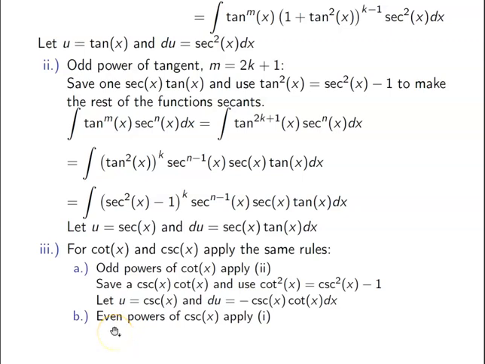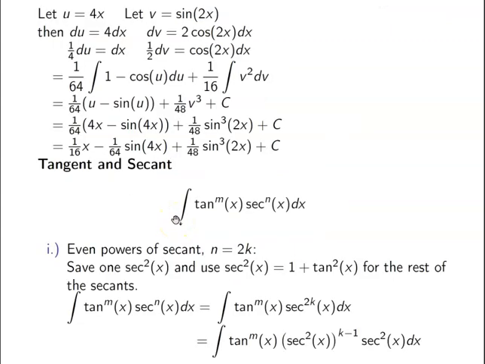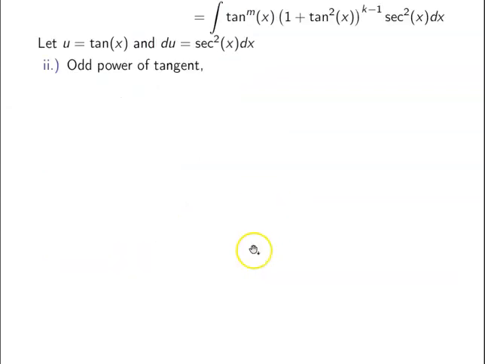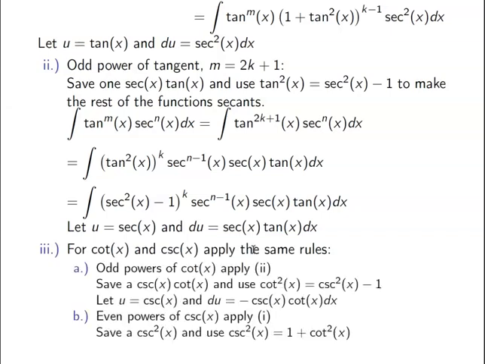Okay. If I have even powers of cosecant, the equivalent to the secant one, that's the equivalent to number 1 here, right? Even powers of the secant function, instead 1 over secant, okay? I take the cosecant squared, I use that identity, turn everything into cotangents, then I let u equal cotangent, and the derivative of cotangent is negative cosecant squared.